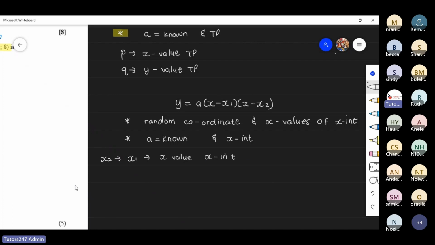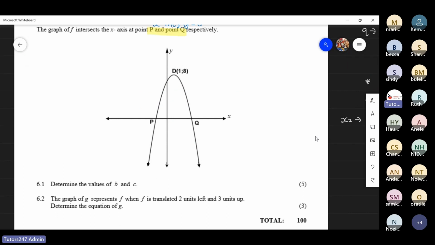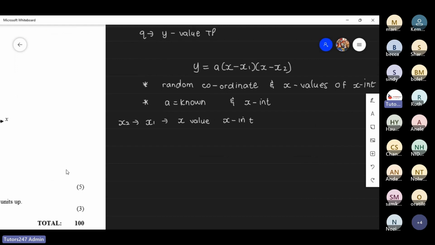So if you have a look at our graph, P and Q could represent x1 and x2. But if you notice, we do not have the value of P and Q, because keep in mind, P and Q represent our x-intercepts. That information was not given to us, right? So because P and Q are not known, we cannot use the second method. We cannot use our x-intercept method.